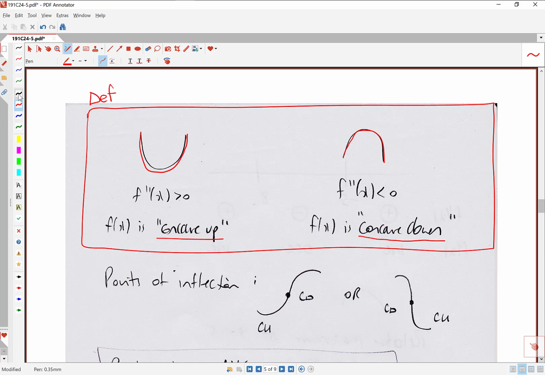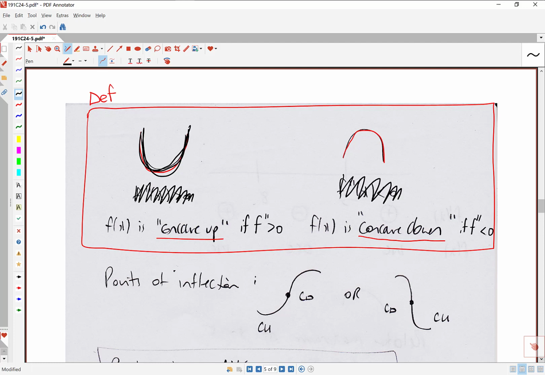The way that we're going to recognize whether our function is concave up or concave down is using the second derivative. So if we wanted to turn this into a definition, we could say f of x is concave up if f double prime is a positive number. So f double prime being positive corresponds to concave up, and that corresponds to this sort of picture here, where you can eat cereal out of the bowl. f of x being concave down, we could say that happens if f double prime is a negative number.